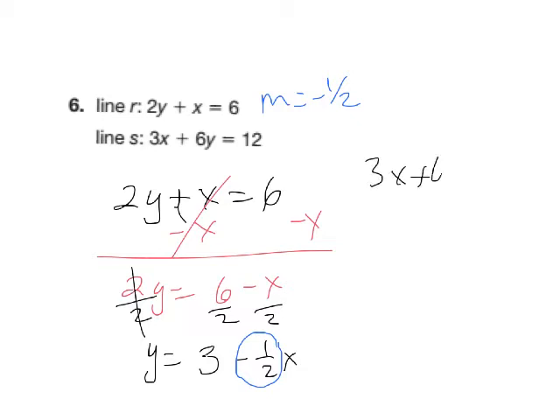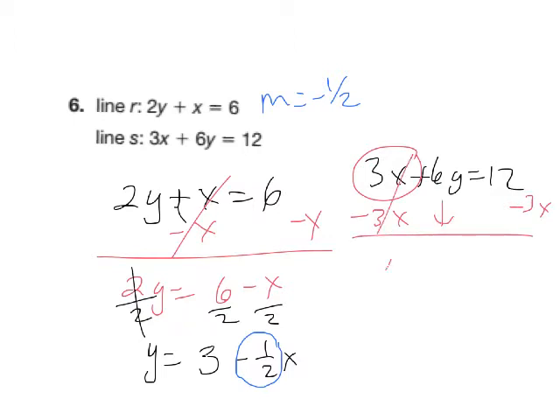3x plus 6y is 12. We need to get rid of that 3x first. So we have 6y is 12 minus 3x. Now you can divide by 6, divide by 6, divide by 6. And we have y equals 2.